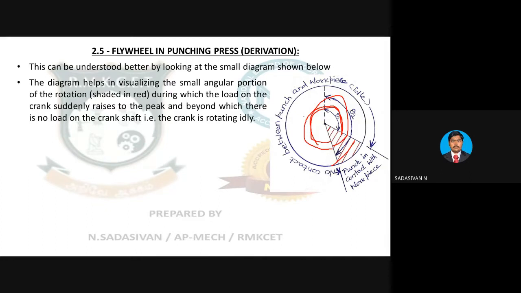So this sudden load requirement, if I calculate the energy required, let us say one full rotation takes 5 seconds in a machine. So to make a 360-degree rotation, it takes 5 seconds. Actually, the workpiece touching time is 0.5 seconds. If your punch can work all the 5 seconds on the material, the rate of energy requirement is very less.